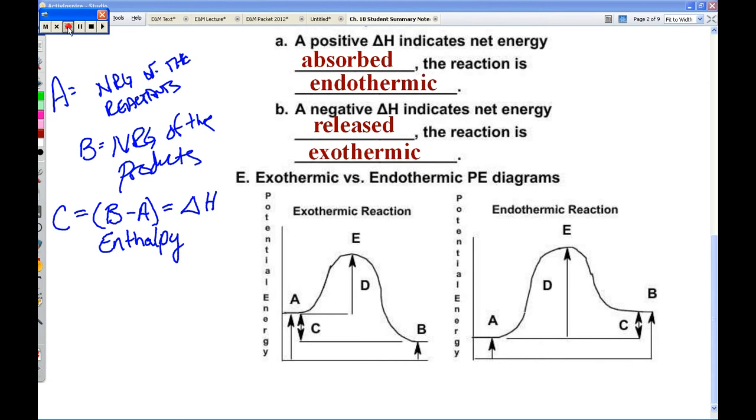So B minus A, it is the products minus the reactants. It's what we finish with minus what we start with.